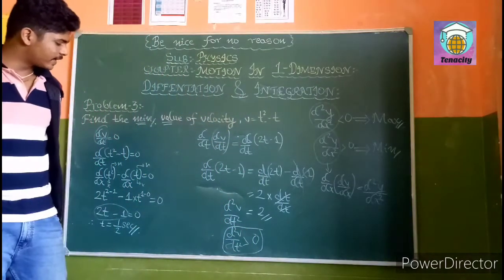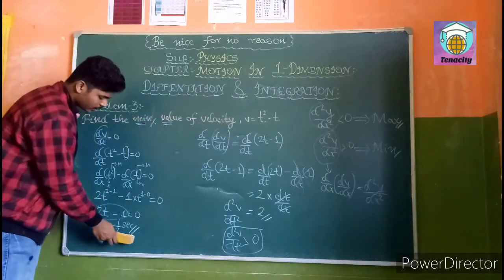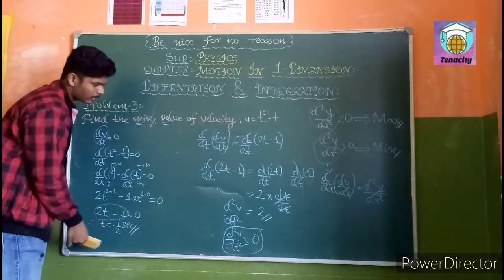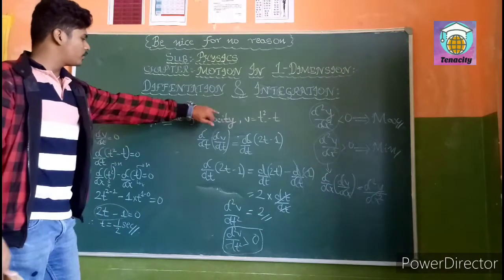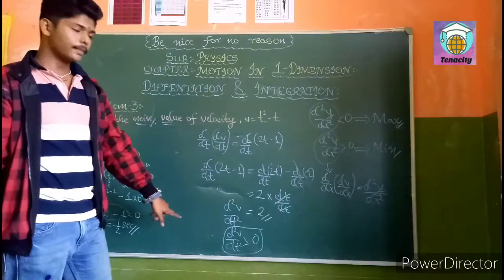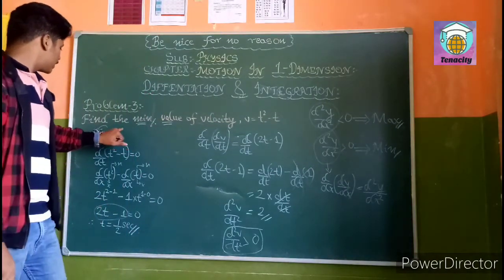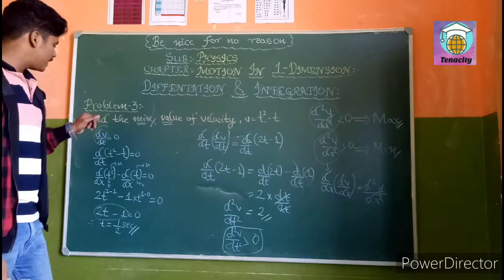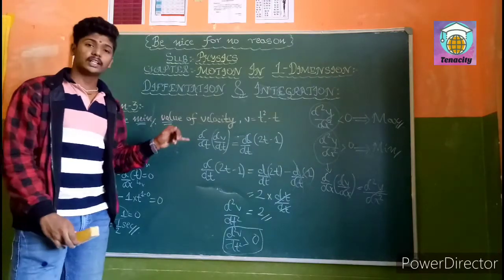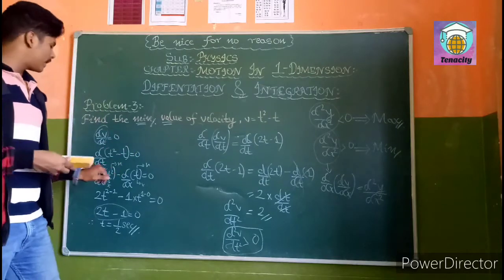So now we can tell that at 1 by 2 second the value of velocity is minimum. So we have proved whether it is minimum or maximum. First of all, we knew that for dv by dt equal to 0, the value may be a minimum value or a maximum value.